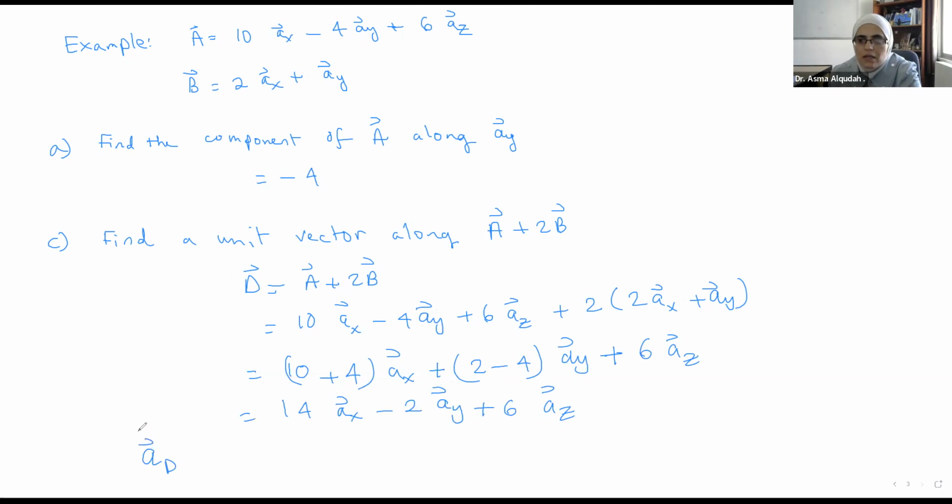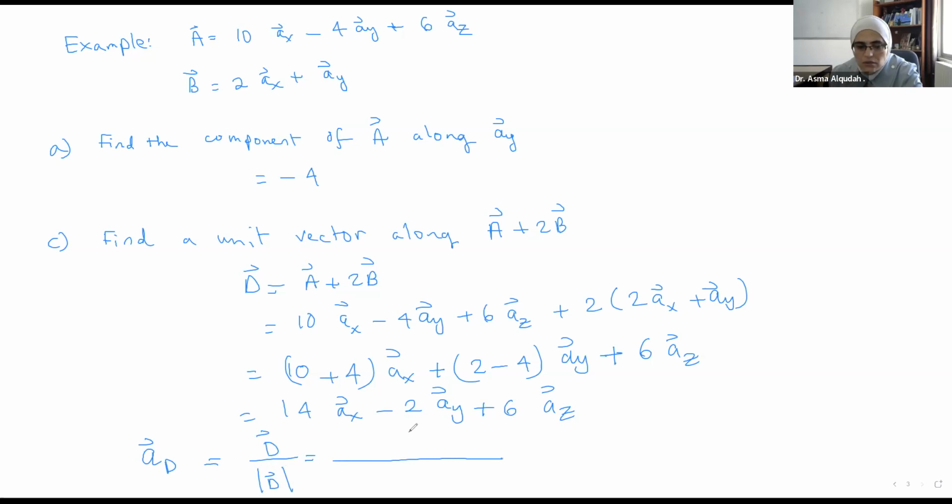A unit vector has magnitude 1, and its direction is along d. So we call it a sub d. a sub d should be equal to d divided by the magnitude of d.